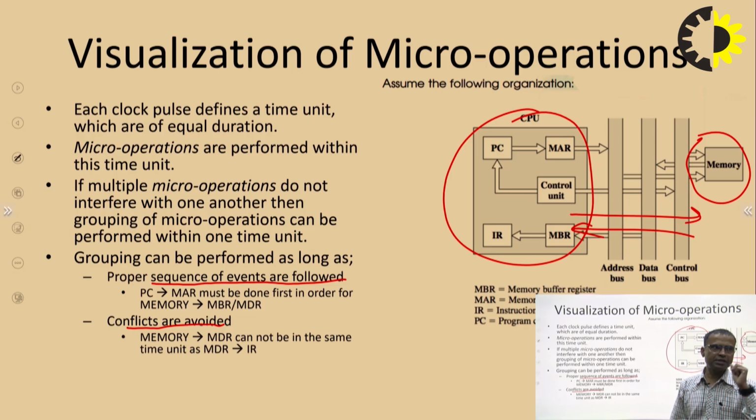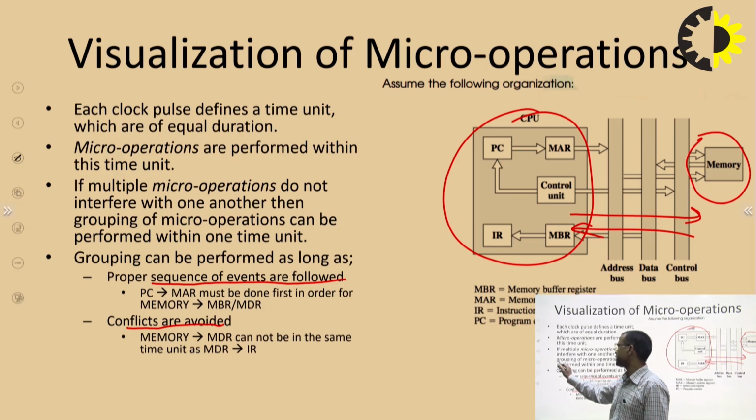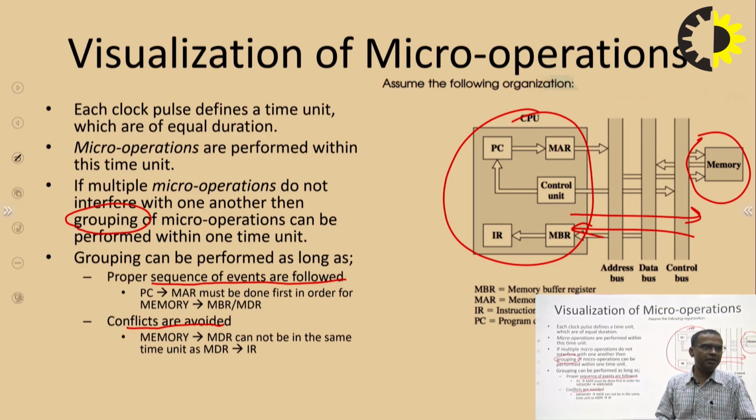the relationship of sequence and conflict within the micro operations, so that we can group the micro operations together in the same clock. Simply, if conflicting operations are there, they cannot run in the same clock.